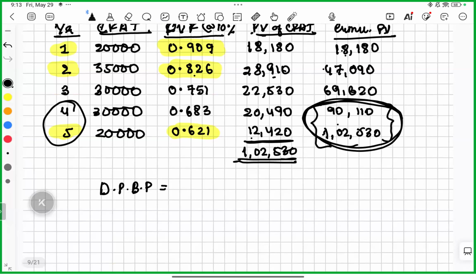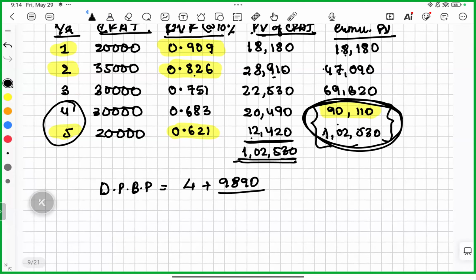So it will take at least 4 years and something above 4 years. Now in 4 years you have recovered 90,110. Now how much is left? The amount that is left is 1 lakh minus 90,110. It is 9890.